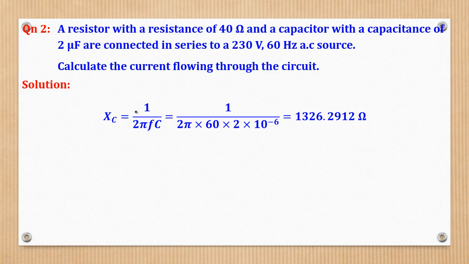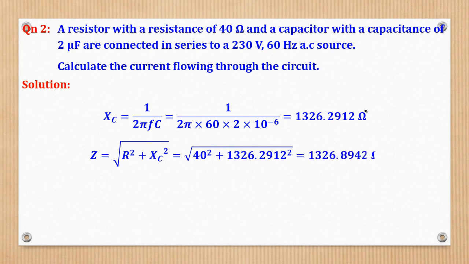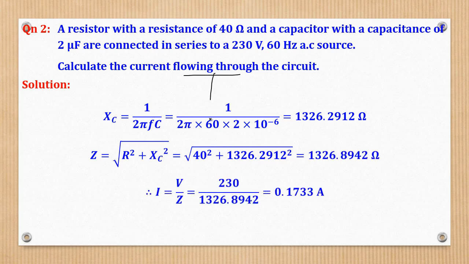So you first get capacitive reactance. This one is in microfarad, you convert to SI unit to come up with this as the capacitive reactance. Then you can get the impedance. After impedance, we can now get the total current, and that's what they want, because in series the current flowing through both components is the same.